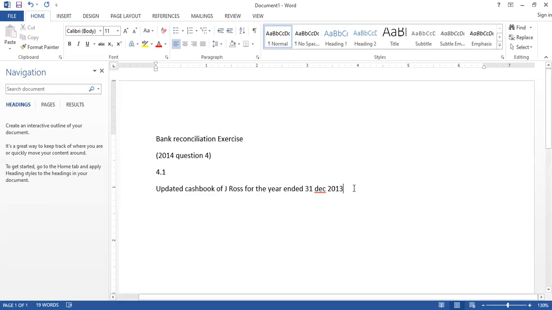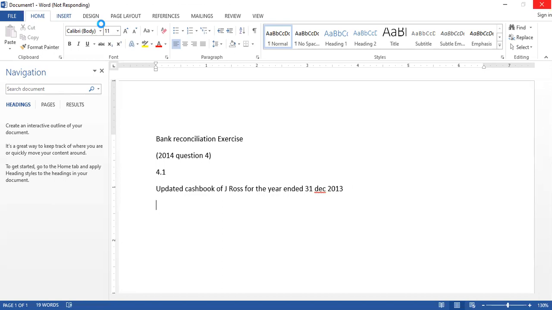So we draw up our cash book in the same format you're given. In this case, we're not given any cash column.